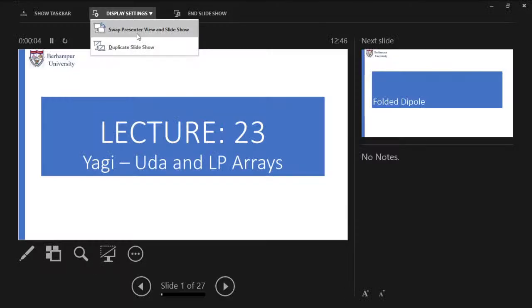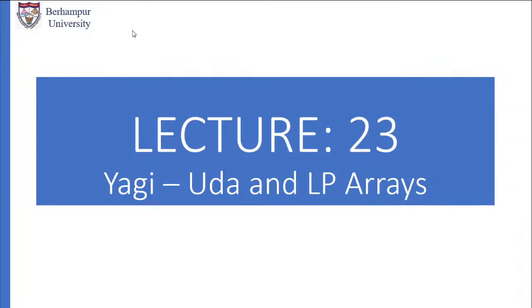So that is the story of the Yagi antenna. This antenna was designed by two different Japanese scientists independently. They never worked in collaboration.